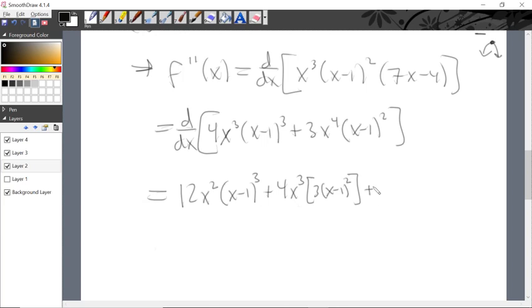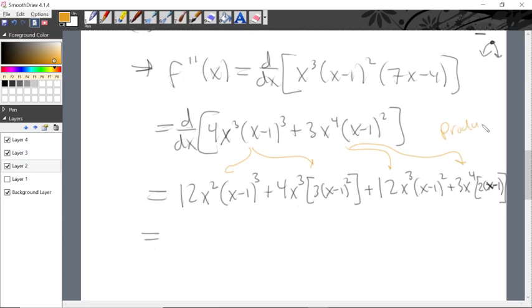Now the product rule in the second product: the derivative of 3x to the fourth is going to be 12x cubed, and then that's times (x minus 1) squared, plus 3x to the fourth times the derivative of (x minus 1) squared, which is 2 times (x minus 1) to the first. All right, so we have two product rules.